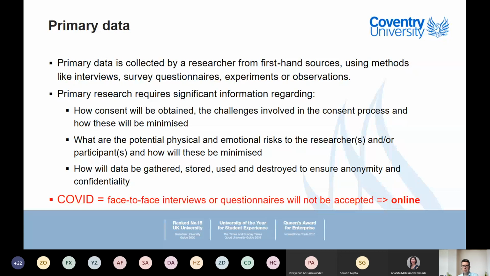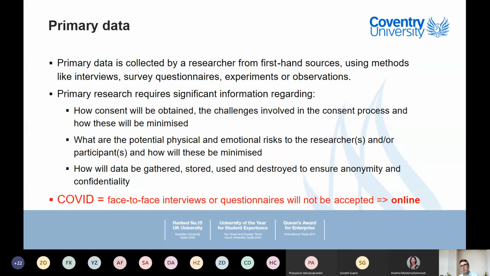Right now, the position of the university would be to say, no, sorry, it's not possible. Because of COVID, we try to avoid face-to-face interactions as much as possible. And although you could have an interview where you keep your distance, the university will very, very strongly recommend that you do those interviews online, just to limit the physical risk.